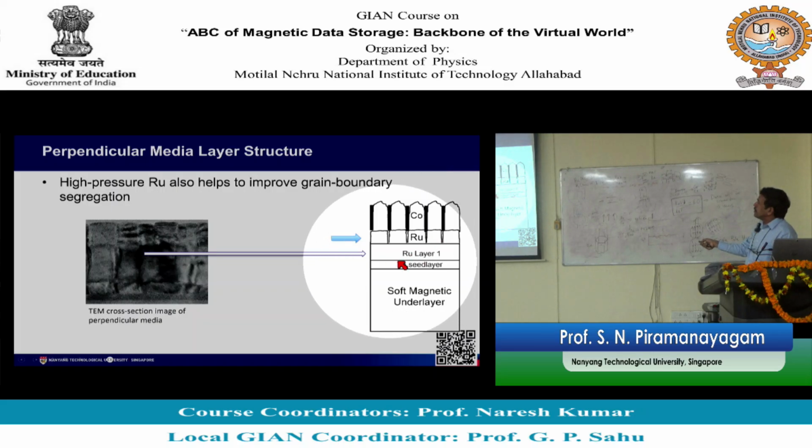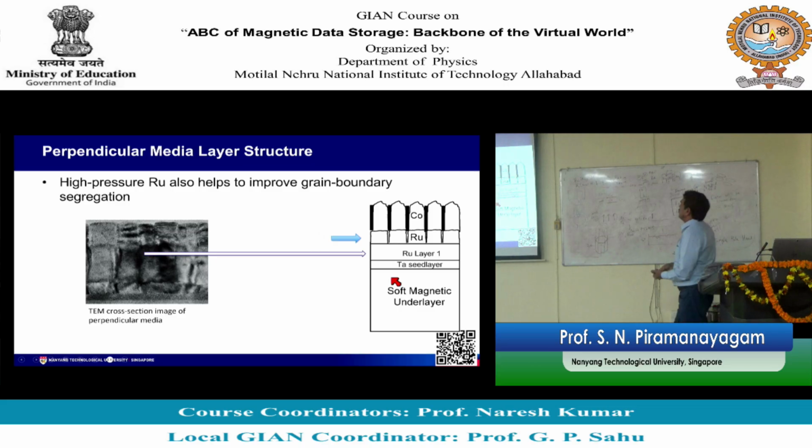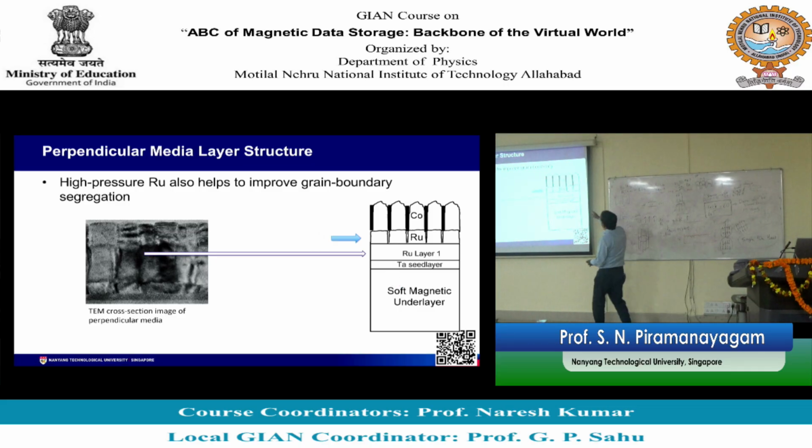The other one is sputtered at low pressure. Why not just one or the other? We need the high pressure ruthenium to separate the cobalt grains from each other, because this gives rise to low transition noise.